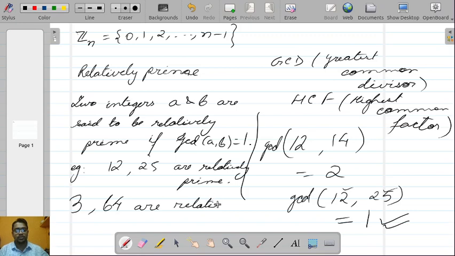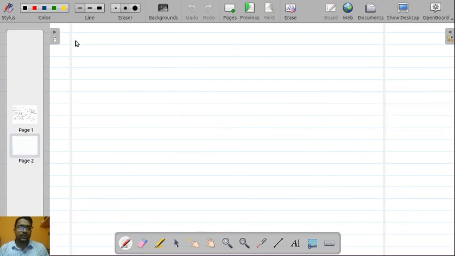Their greatest common divisor is 1. So we need the concept of relatively prime in understanding this group.